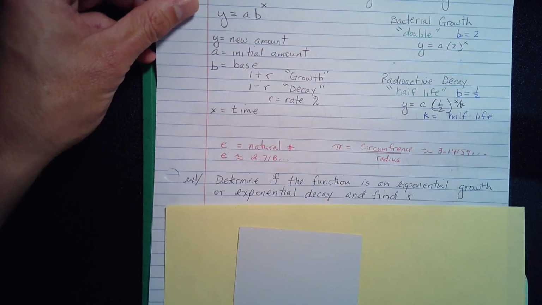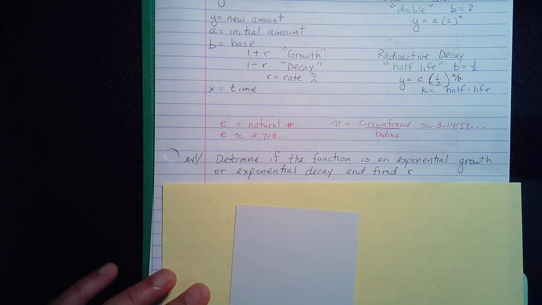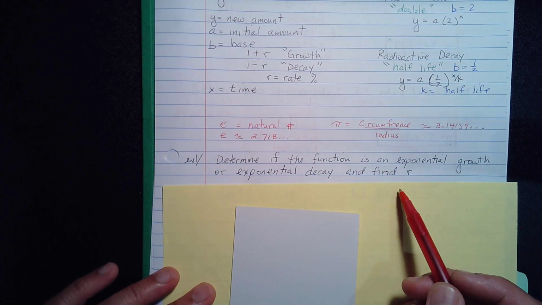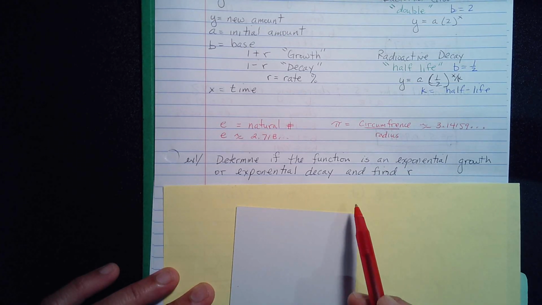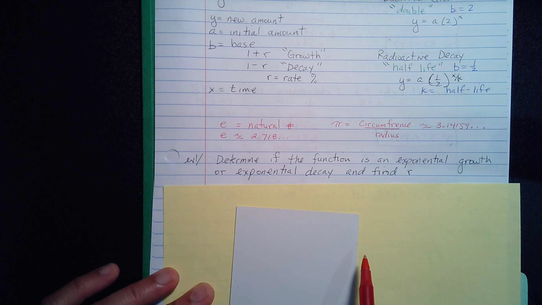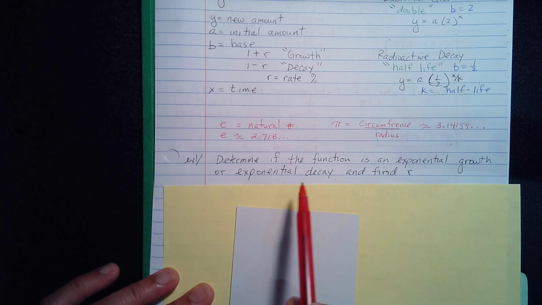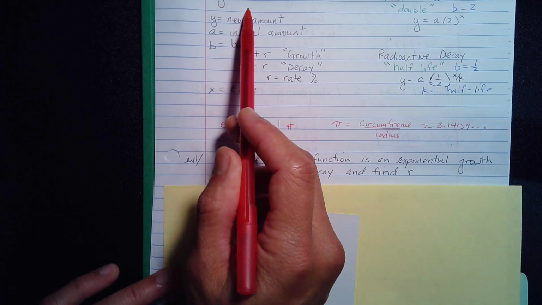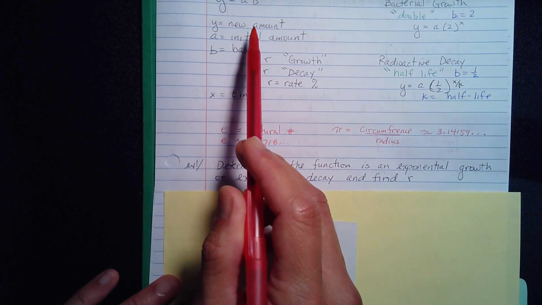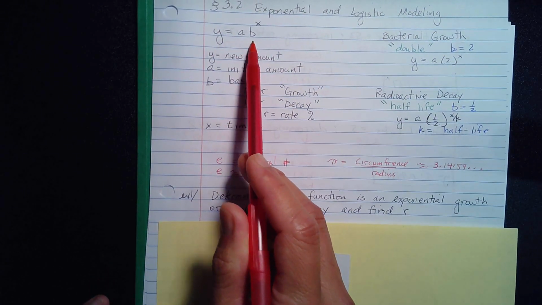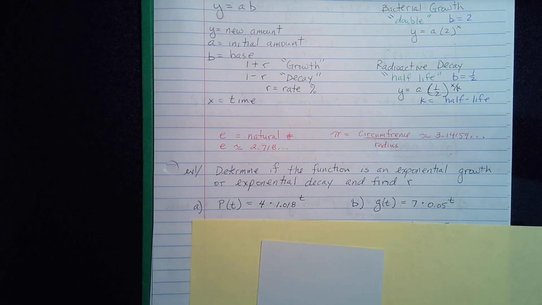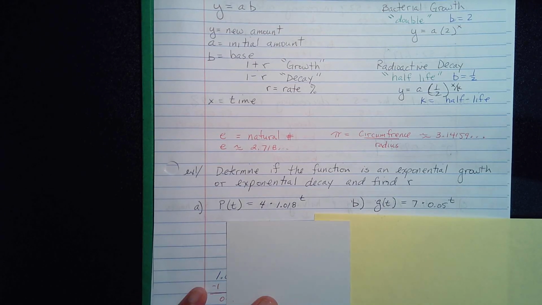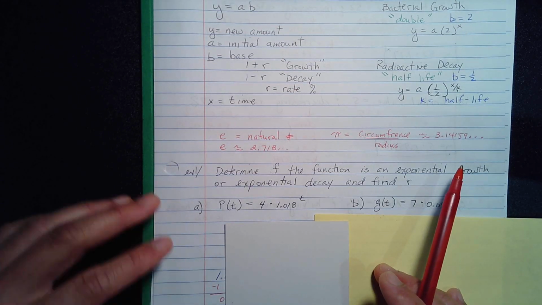Alright, in example 1, it says determine if the function is an exponential growth or an exponential decay and find r. So to tell if it's a growth or a decay, you have to check the b term. Okay, you have to check this b term. Alright, so let's take a look at part a.